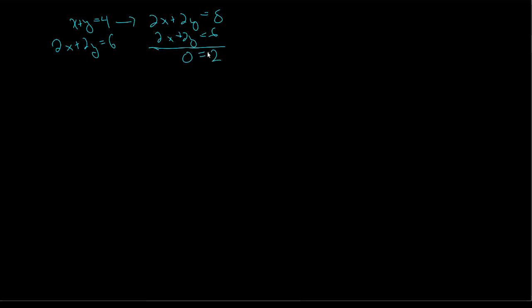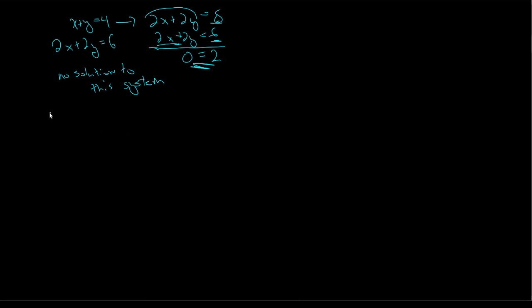And that means this isn't true, and so there's no solution to this system. We can even kind of see it here without the subtraction, this is equal to 8, but the same thing is equal to 6. And that's contradictory.